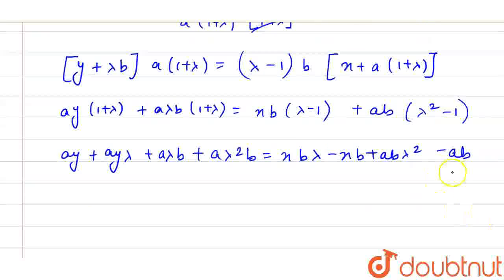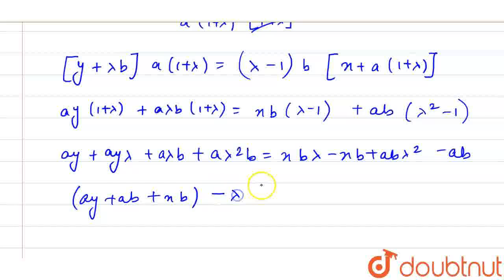Now if we take all these terms to this side we get ay, and this value will be minus ab, so it will become plus ab, ay plus ab, and this minus xb comes here, it will become plus xb. And if we take minus lambda common, this value comes here, so it will become xb only.